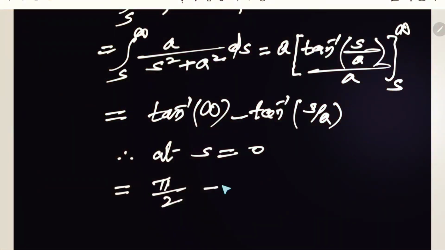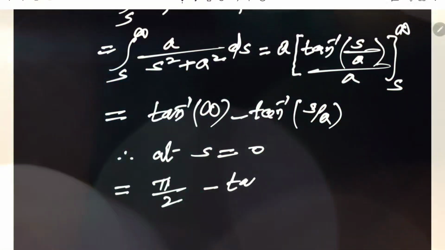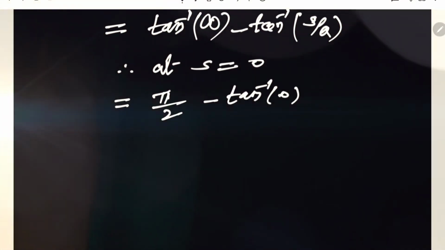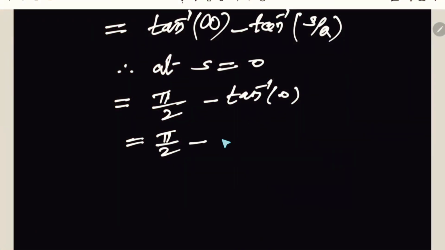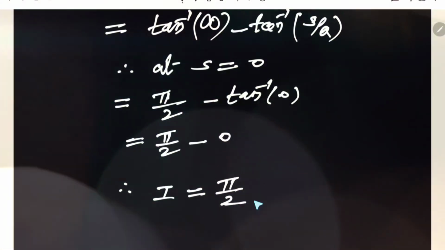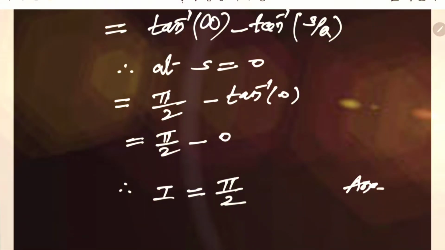The value of tan inverse of 0 is 0, and therefore value of that integral is pi by 2. The same example we have to perform in a way to take the help of this example in Fourier transform.